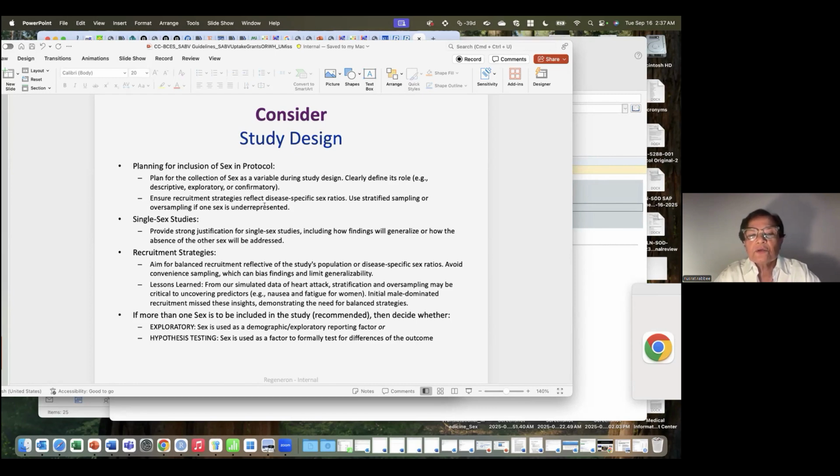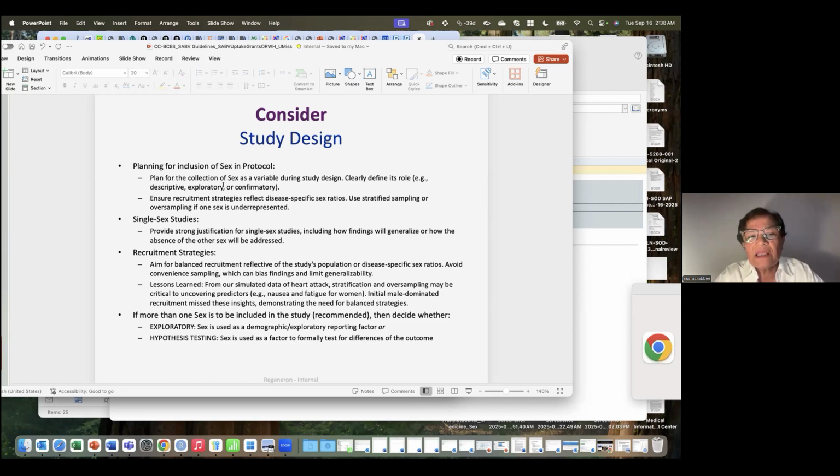Ensure that there are recruitment strategies for your disease-specific case. If it's cardiovascular, you want to have a good representation of both sexes. You can use stratified sampling or oversampling later, if one sex is underrepresented.